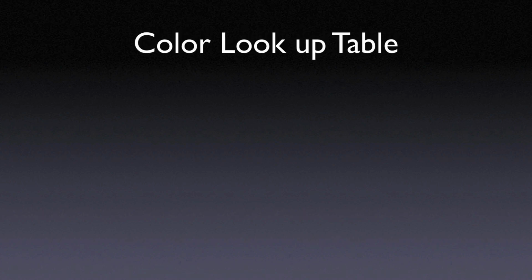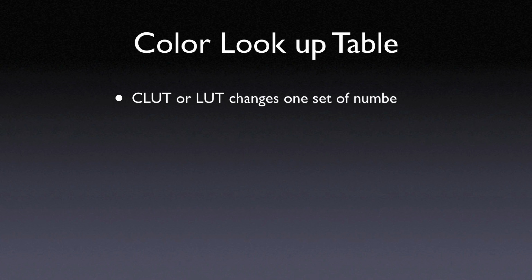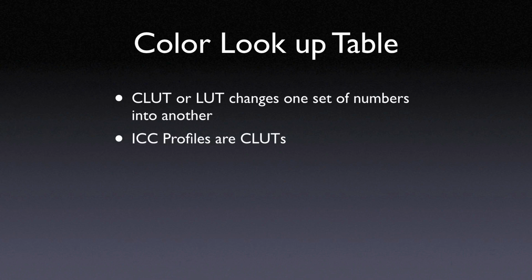Okay, pushing through all the exploded heads out there, a color lookup table, CLUT, or sometimes simply LUT for lookup table, is used to change one set of numbers into another. This is what an ICC or ICM profile is, a color lookup table. These CLUTs are bidirectional, essentially going to and from LAB.